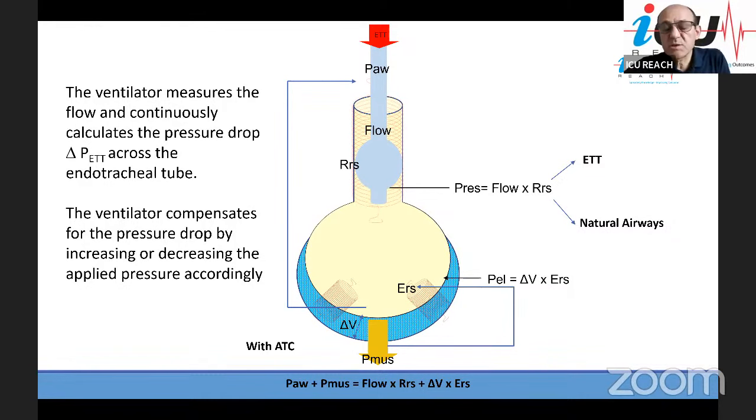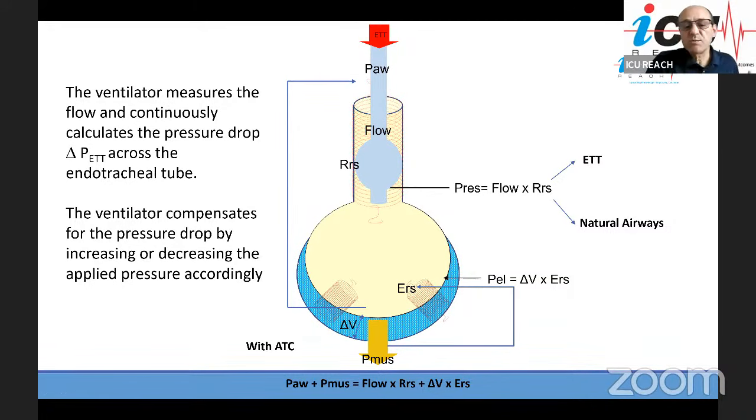But if you put the size of the tube and whether you are using an ET tube or tracheostomy tube, because the length will be dramatically different between the two, the machine will calculate the resistance of the tube, and it will measure the flow.